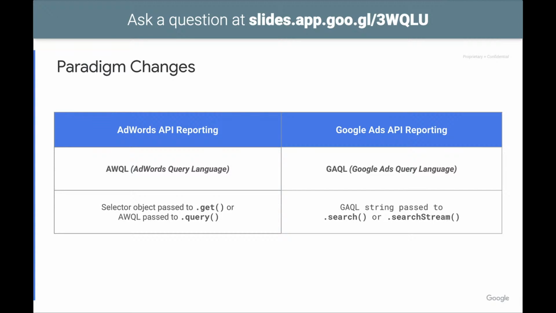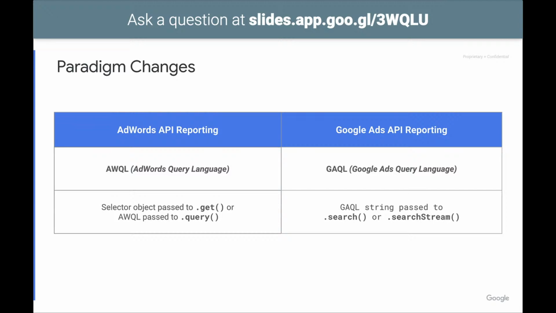So where this is different in the Google Ads API is that we've really combined all data retrieval. So you're not just getting data from a resource and then getting reports from a reporting interface. Any sort of data retrieval that you'll be conducting with the Google Ads API will be done with either the search or the search stream method.